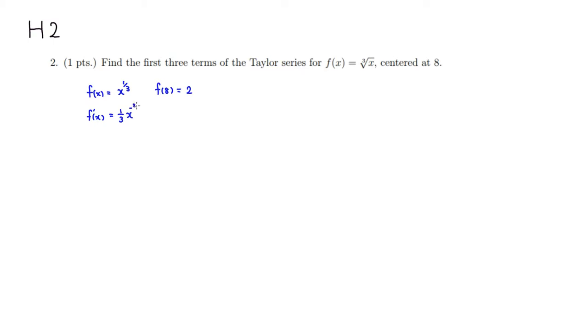So I'm going to rewrite it as 1 over 3 times x to the 2/3, so x is going to be on the bottom. Then if you plug in 8, 8 to the 2/3 power is 4, so it's 1 over 12.